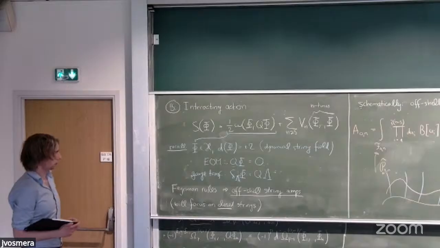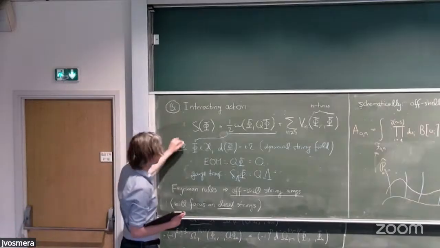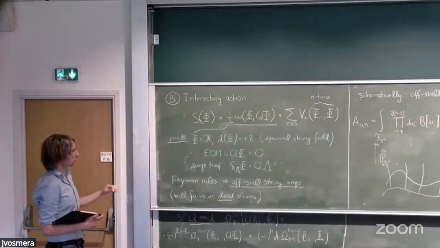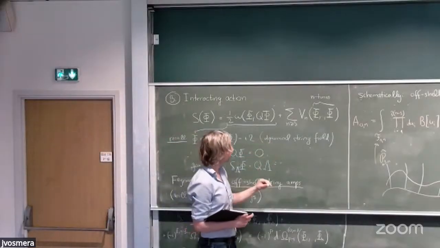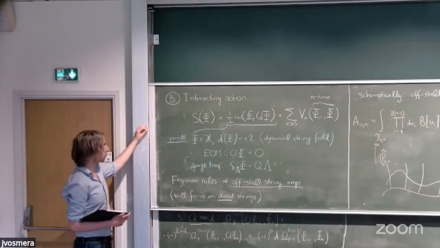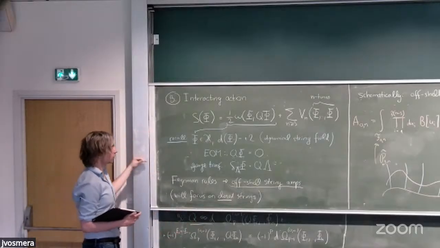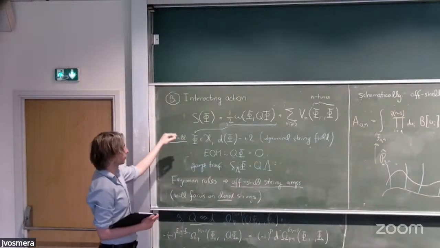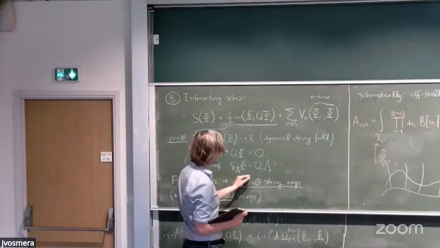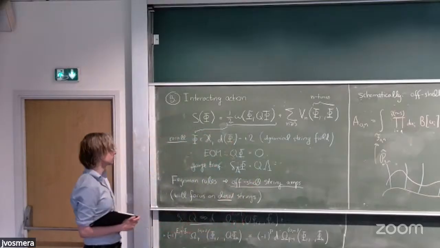So now, of course, I have to tell you what I mean by this action being consistent. And this is the basic requirement which goes into the construction of these vertices. And that is that this action needs to be built in such a way that when we then use the Feynman rules, which are encoded in that action, we need to recover what we call off-shell string amplitudes.